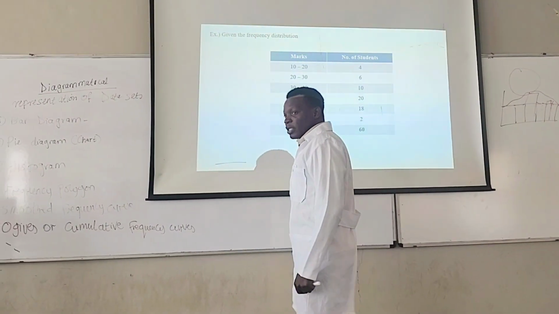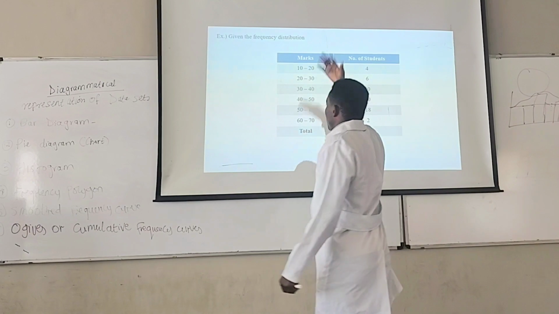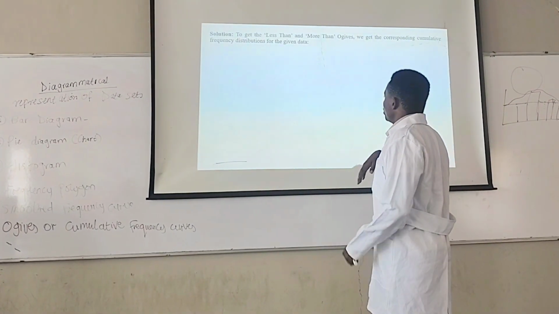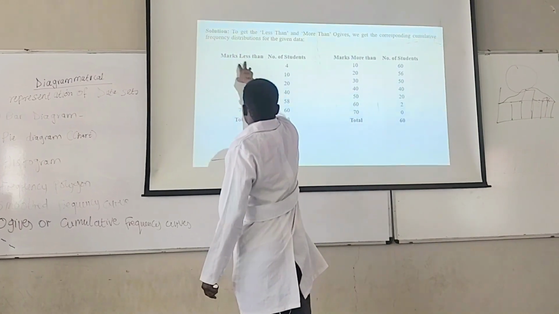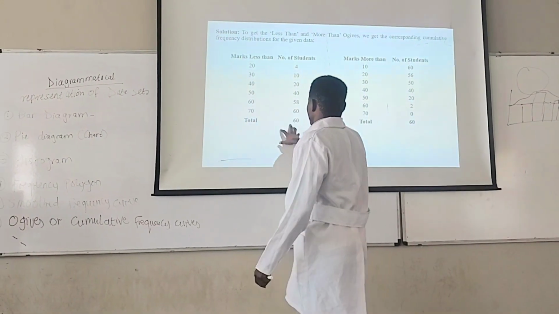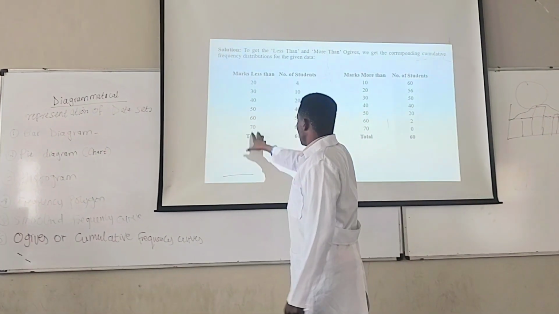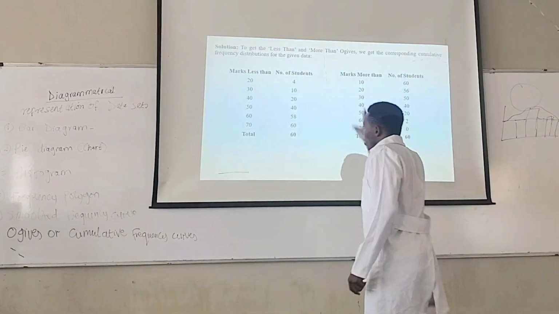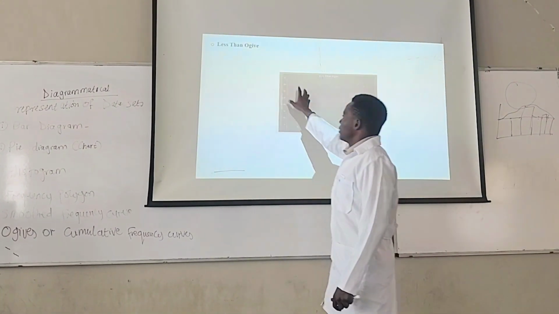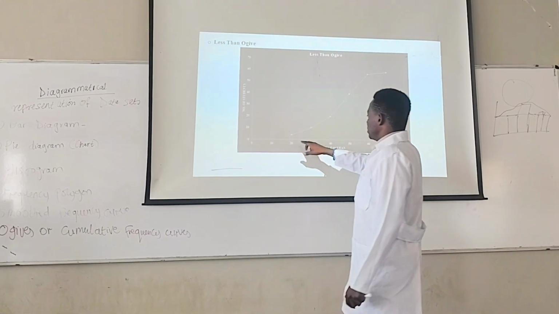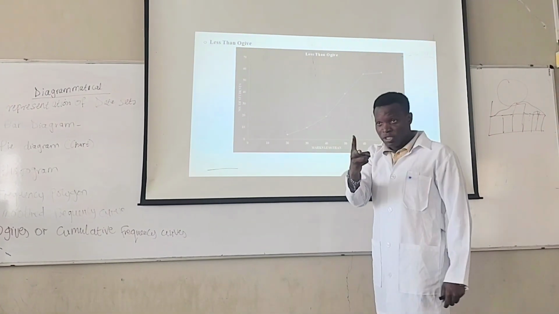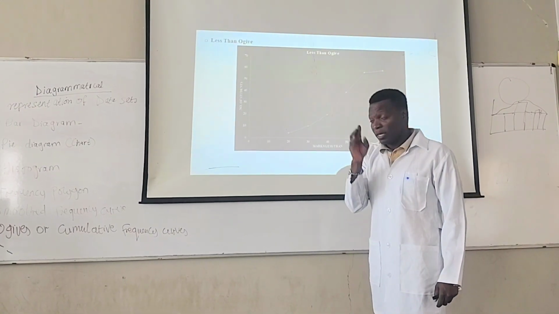For cumulative frequency, we are going to have those numbers, then we come up with the less than, which has the upper limit and the lower limit. This came as a result of subtraction and addition, which gave us, when we plotted, both the Ogives, the less than and the more than.